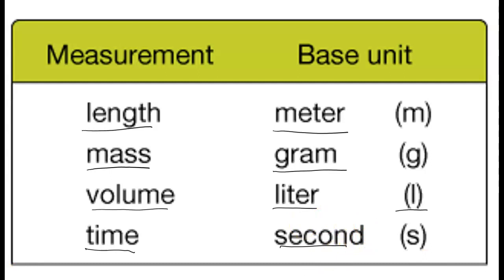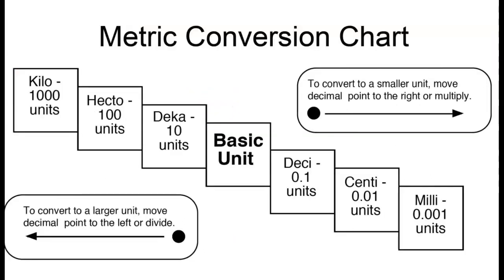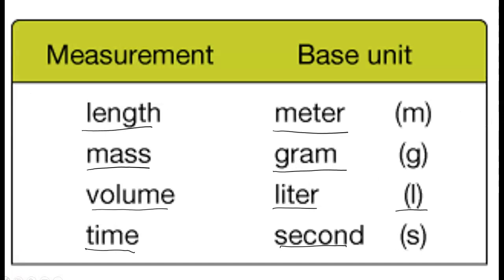I mentioned this term, base unit. What does base unit mean? Base unit is like a 0 point. Let's say this is a 0 point, and for mass it is gram. I can go up or I can go down.